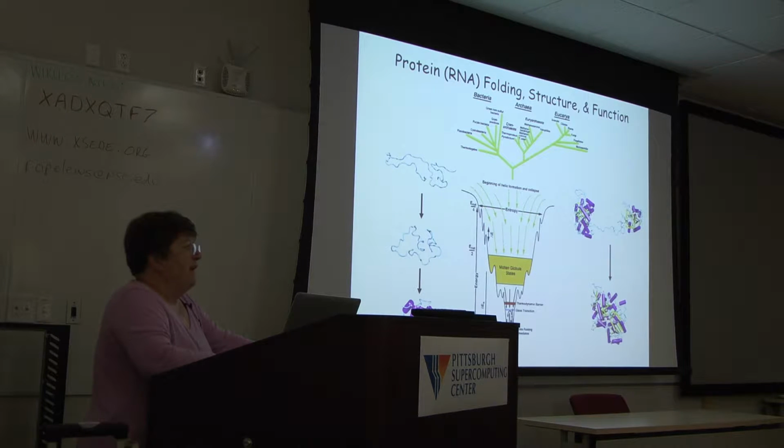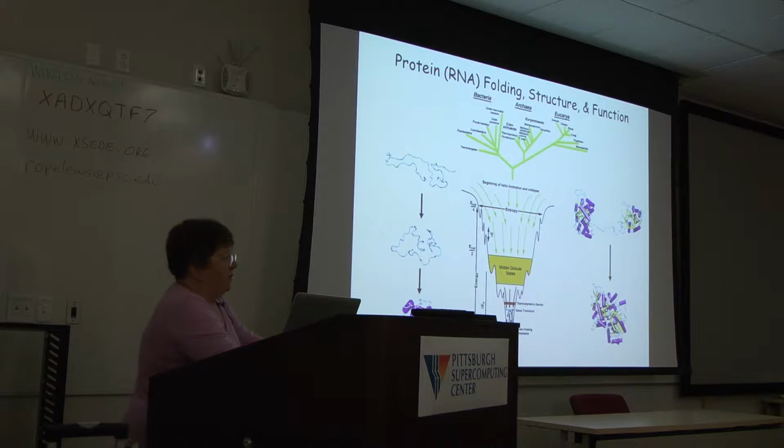Now, where this really became important, for about 10 years, was this huge activity to do protein folding. And now I would say we're getting into the era of looking at RNA as well. So if you're looking at folding or structure or function, again, you will want to be examining, if you can, molecules across all the domains of life, and you can get insight into how they fold and what residues are important.